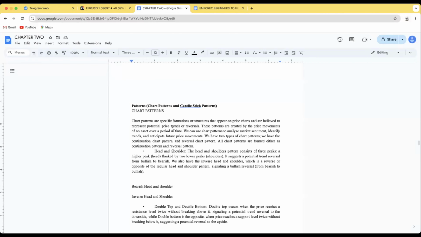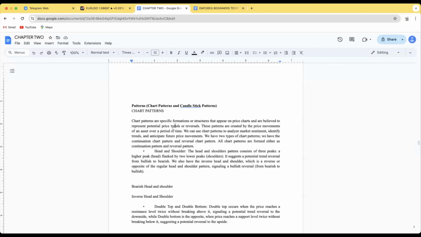It suggests a potential trend reversal from bullish to bearish. We also have the inverse head and shoulders, which is the opposite of the regular head and shoulders pattern, signaling a bullish reversal from bearish to bullish.